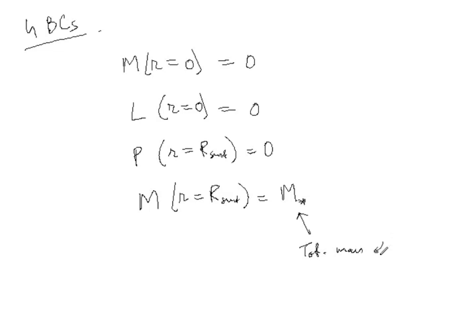Now in reality, at this radius surface of the photosphere of the star, P does not really go completely to 0. Neither do the temperature and density, and more sophisticated boundary conditions are required, which account for the processes in the photosphere, but we are neglecting them here. So keep this in mind.